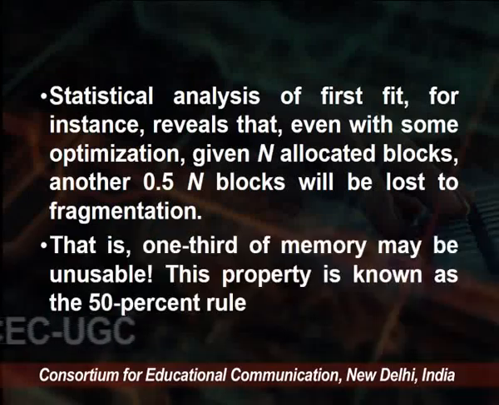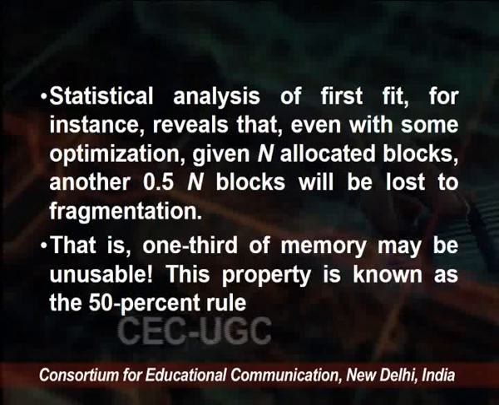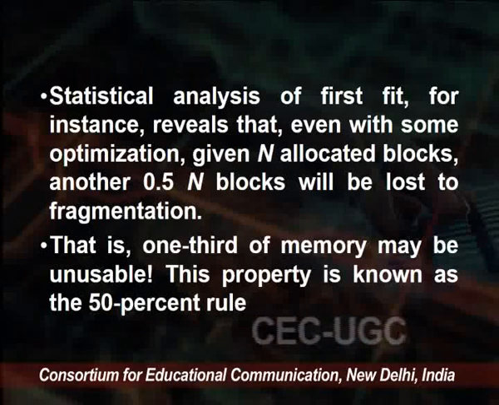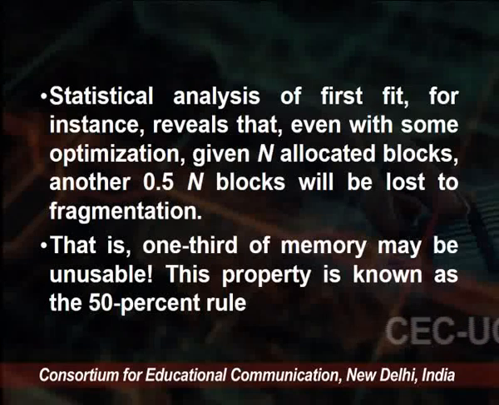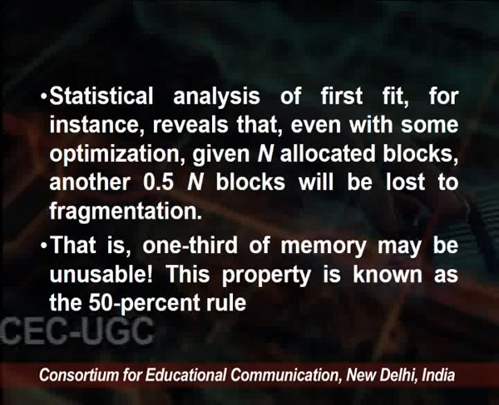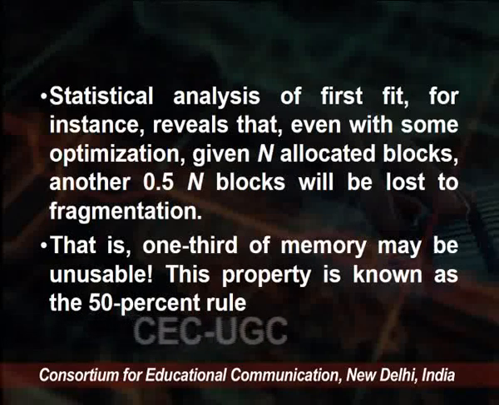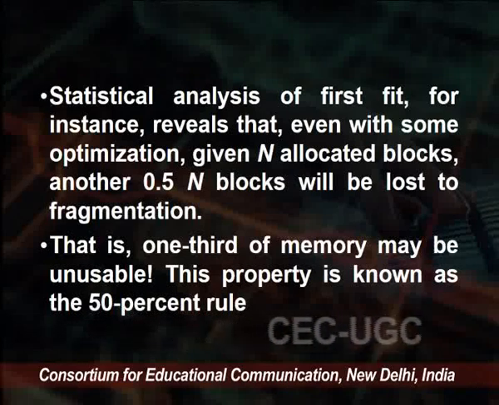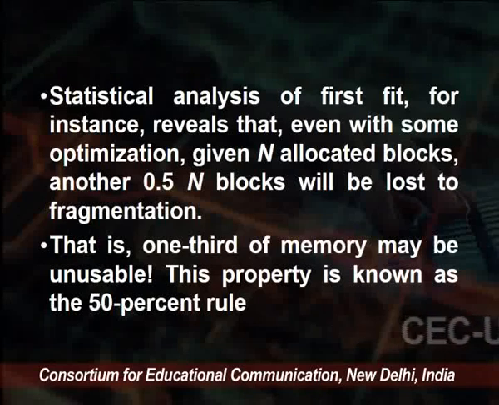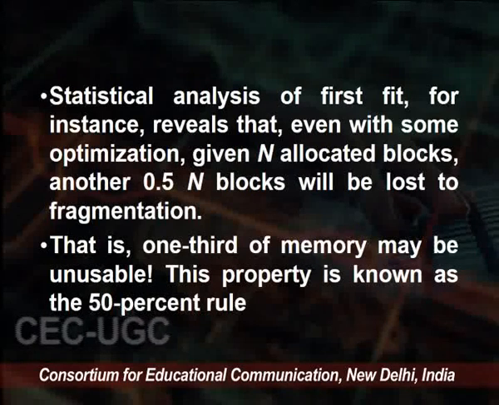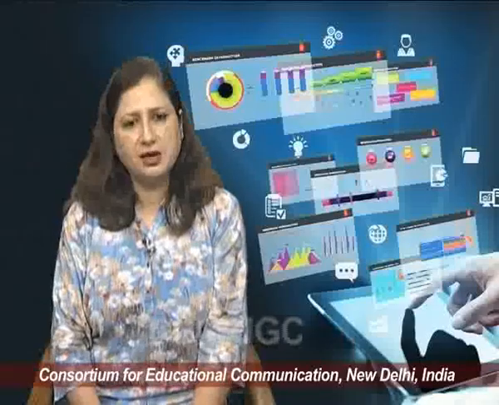So actually 1/3 of the memory becomes unusable. Because you have n blocks allocated, and 0.5n are not available for allocation because they are fragmented into small parts. So this rule is referred to as the 50% rule, which implies that 1/3 of the memory is unusable.